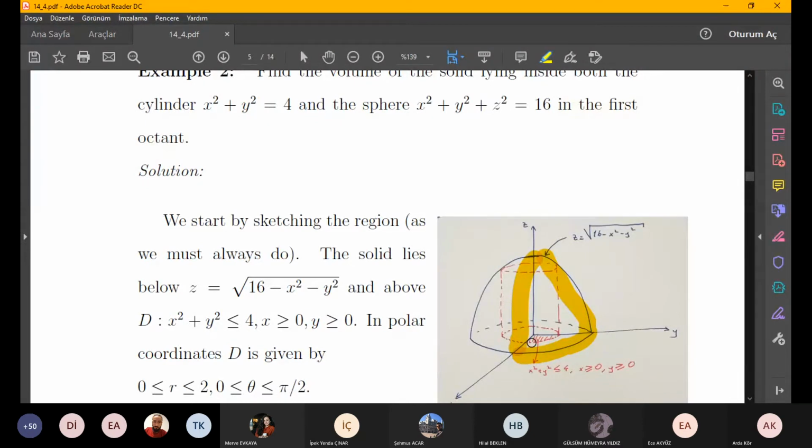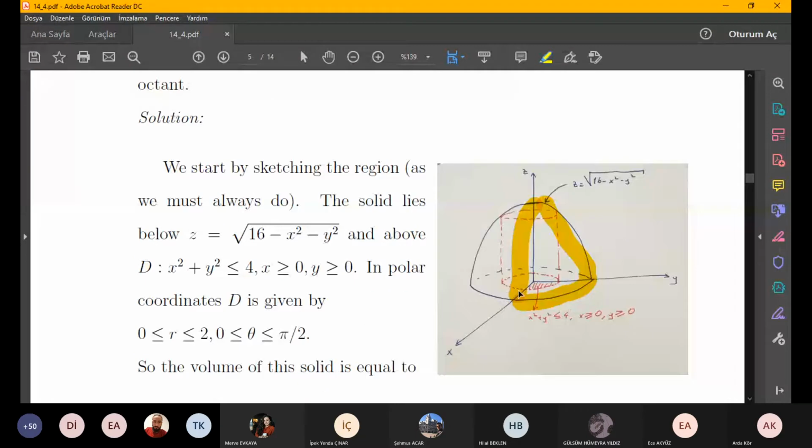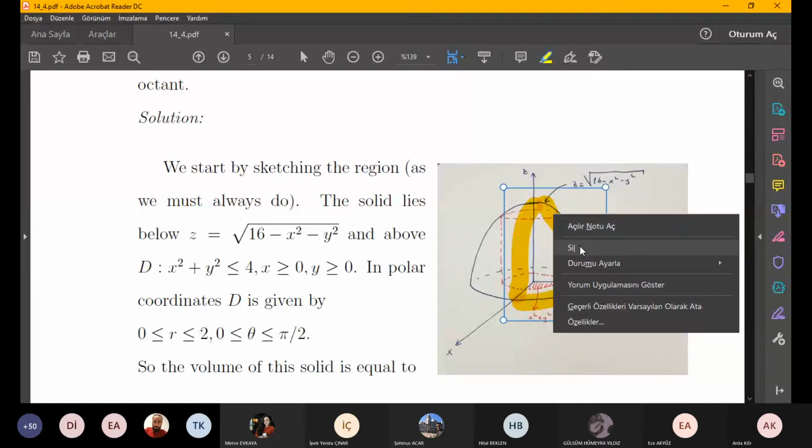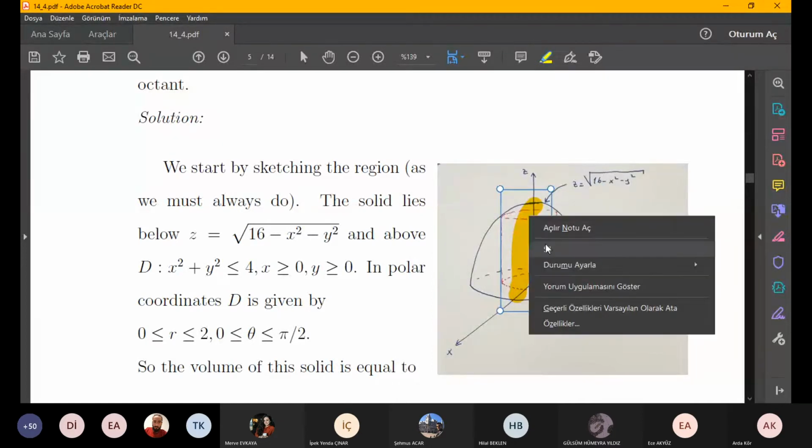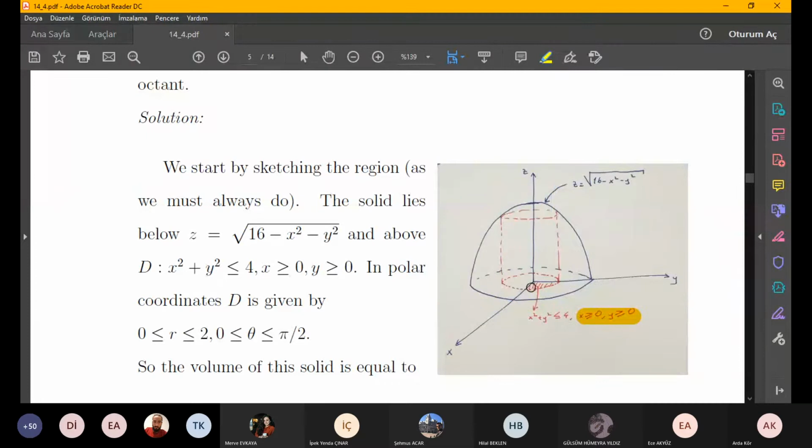So this is a region which is shaded by red here. Okay, so to represent it is in the first octant, also, as you can see, we write x is greater or equal to 0, y is greater or equal to 0. So, okay, I will clear those.